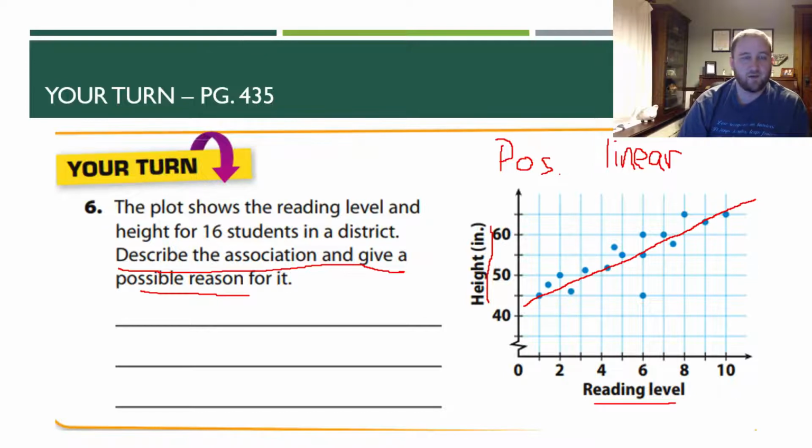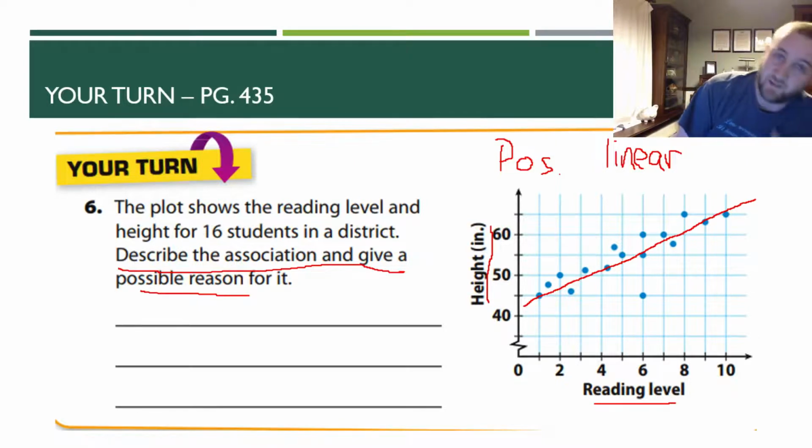Now we do need to come up with, it does say to describe the association and give a reason for it. What might cause the reading level of a student to go up as the student's height increases? Well, if you think about it, a student's age, the older a student gets, the taller a student gets generally. Not everybody, right?